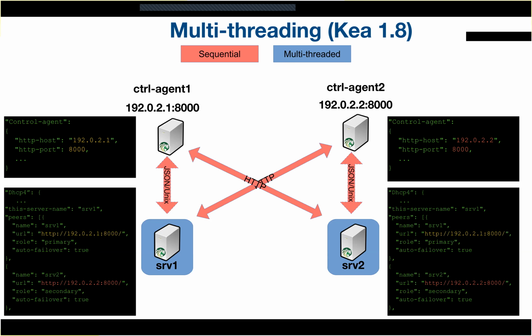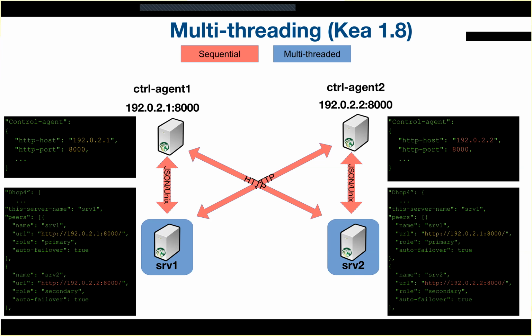However, if you configured HA, you had to set up control agents, and then the server one connected to the control agent of the second server via a single HTTP connection. That control agent used a Unix socket to connect to server 2 to send back the updates and get back the leases.